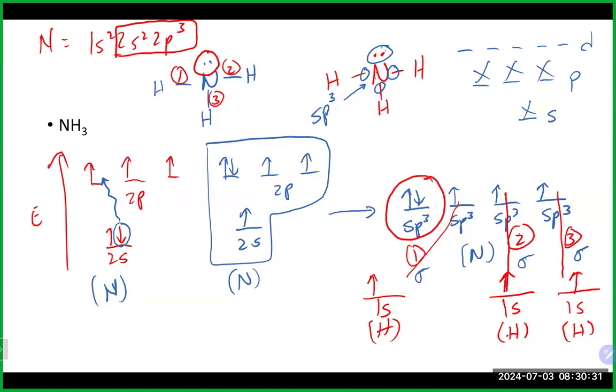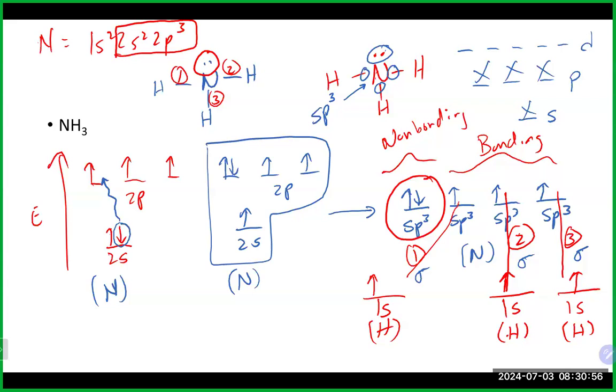So this illustrates that the hybrid orbitals can also account for non-bonding electrons or lone pairs, in addition to bonding electrons like we see here in the other 3 orbitals. We have bonding electrons and we have non-bonding electrons in this case. Any questions on that there?